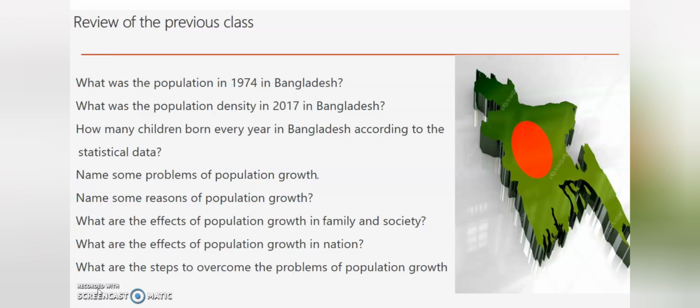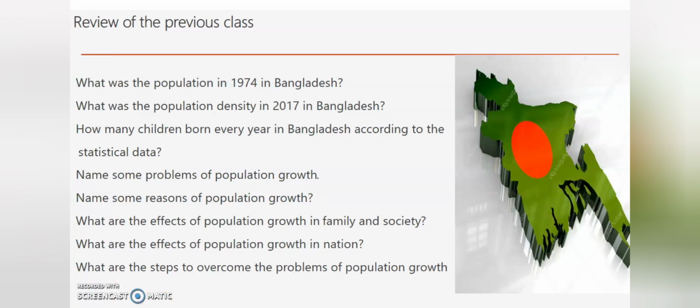The implementation process of registering birth, death, marriage and divorce is not proper in our country. For this, unemployment among unmarried young women is low, and that is also responsible for the growth of population in Bangladesh.